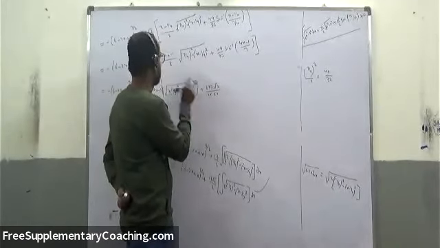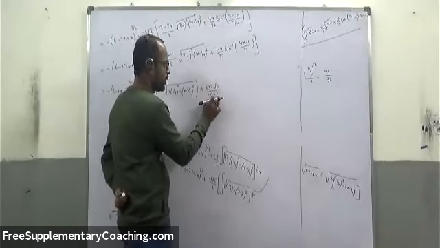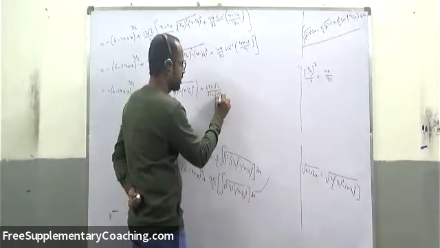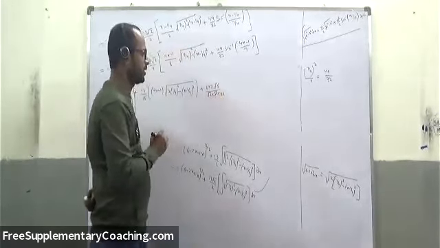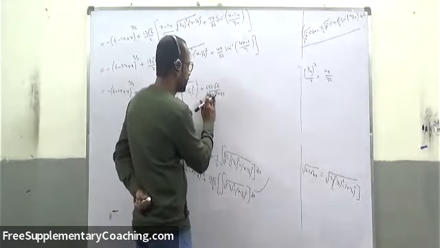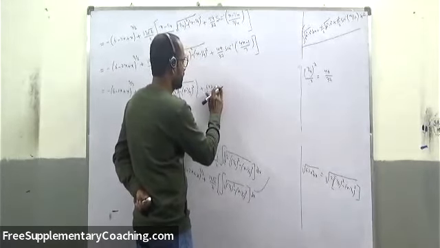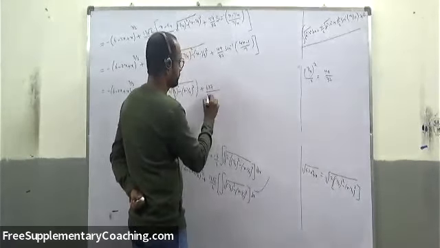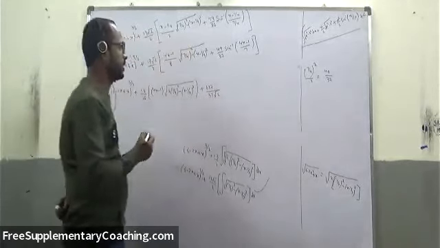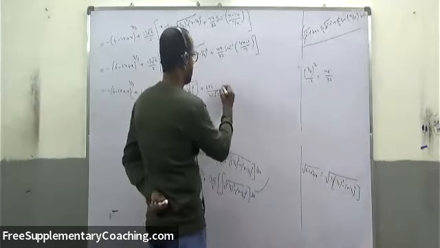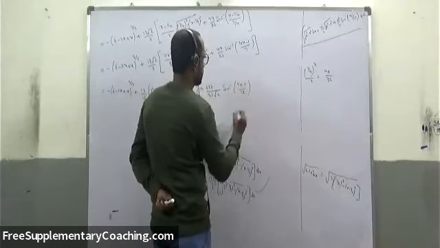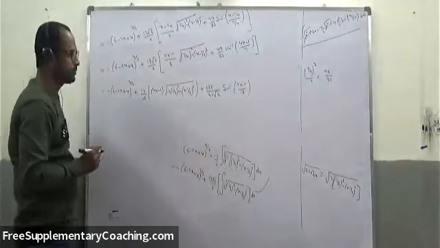This 2 I can write as root 2 into root 2, and this 32 as it is. So one root 2 gets cancelled, and in the denominator you will get 32 root 2. So this complete term becomes 637 by 32 root 2. Hope you understood how I have converted that. And the remaining terms as it is, sin inverse of (4x minus 1) by 7. Now, look at here.